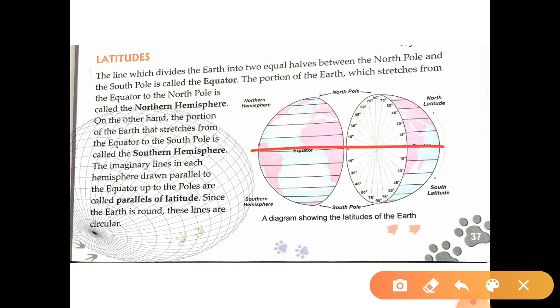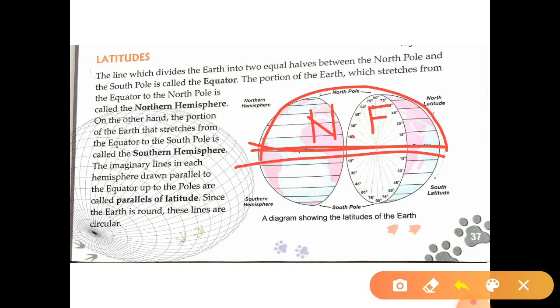The portion of the Earth which stretches from the equator to the North Pole is known as the northern hemisphere. And the portion of the Earth which stretches from the equator to the South Pole is known as the southern hemisphere.